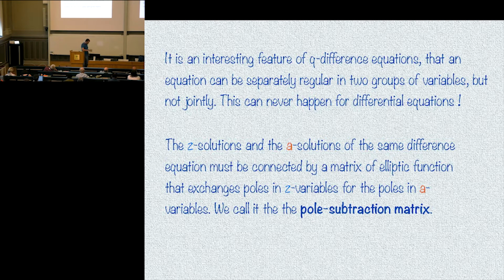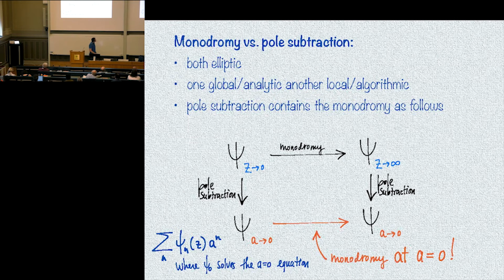And so you have two different kinds of solutions of the same equation, and therefore, like in the monodromy problem, they're related by some elliptic matrix, which we call the pole subtraction matrix, because it takes poles in one variable to poles in the other variable. So maybe I can compare and contrast this monodromy with the pole subtraction matrix, because if you look at them from far away, they look the same.